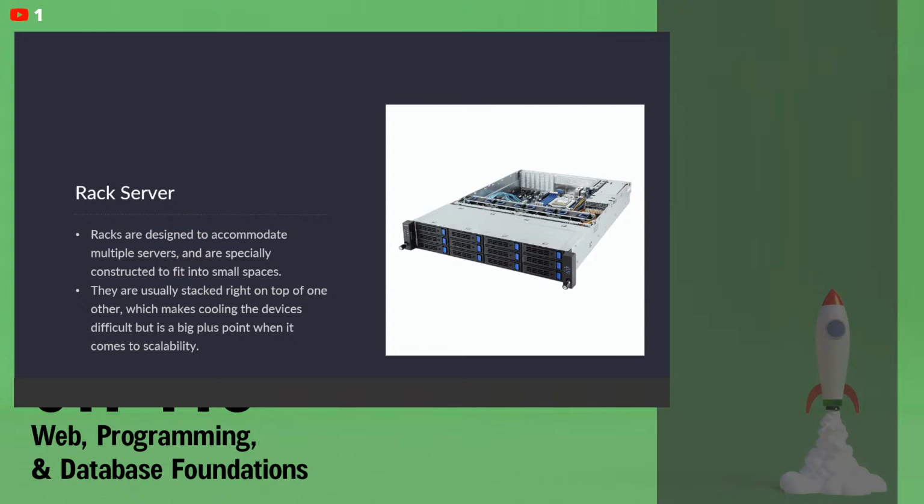But the scalability is the big thing. The fact that we can take multiple of them, put them in one area, and add to them as we need them is a big deal here.